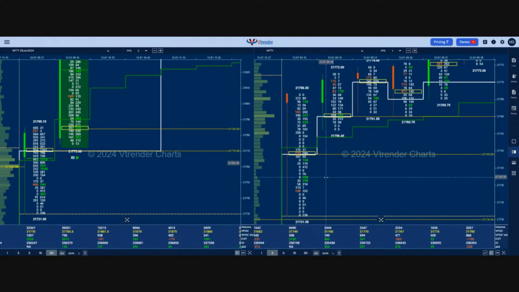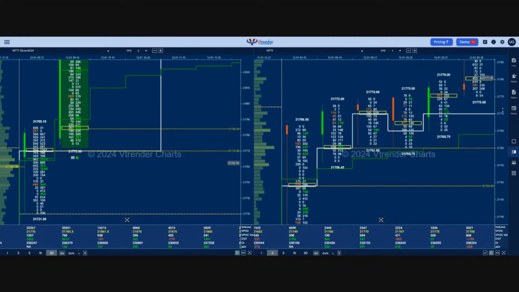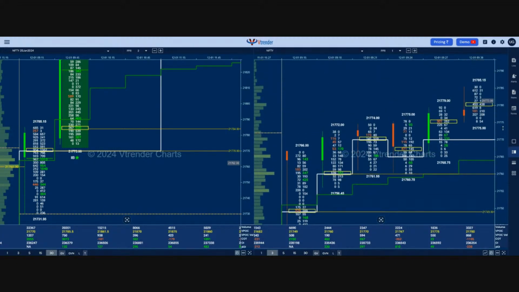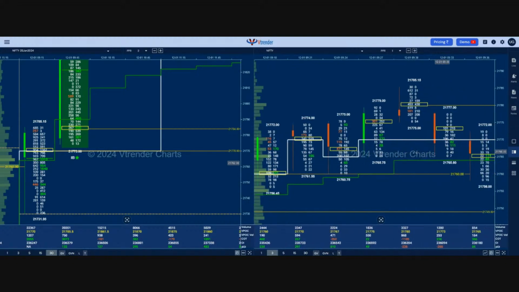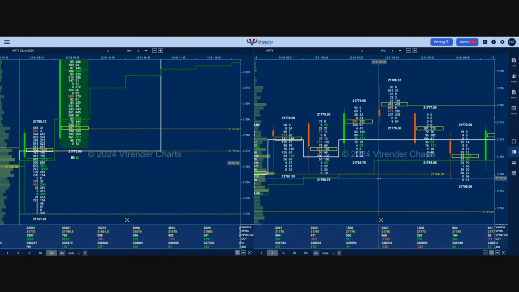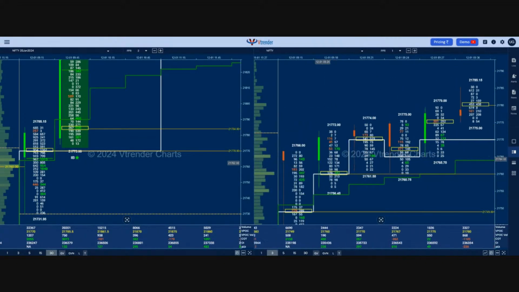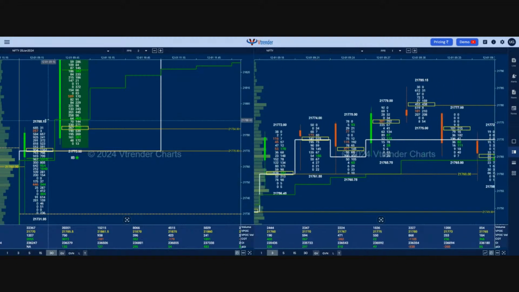As we saw that the A period is looking good for buyers, the same thing is being complemented here. Only thing here is we have formed an RS kind of a bar at 21785, and we have not found any IB bar on the 3-minute order flow. But if you see the 30-minute, we are looking good. And this 21785, if it is taken out, it looks to be a good trade.